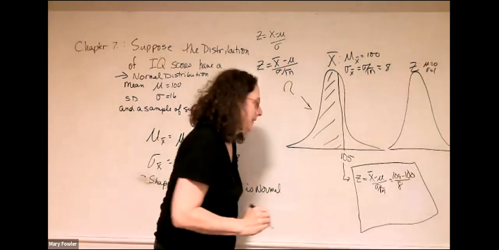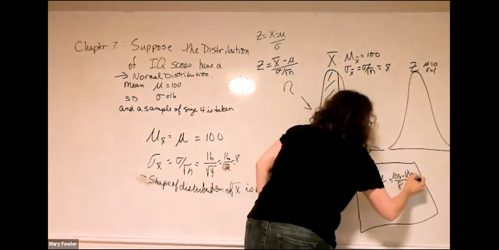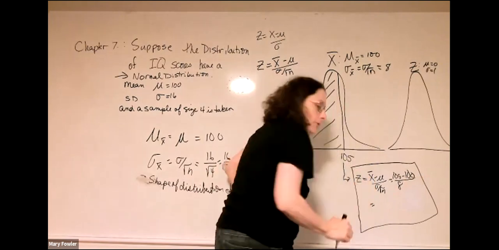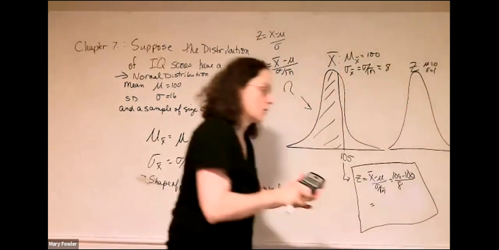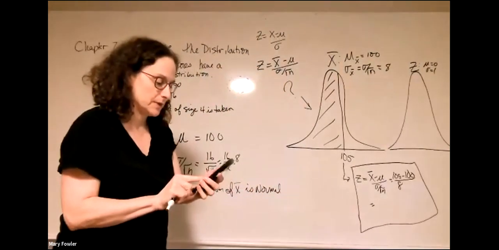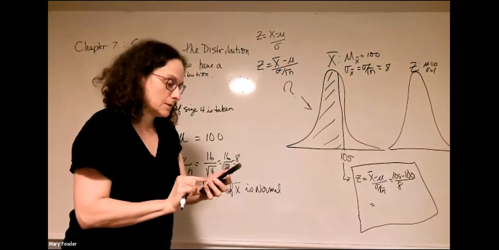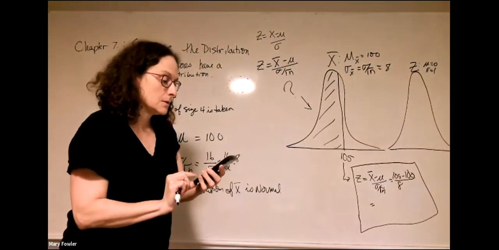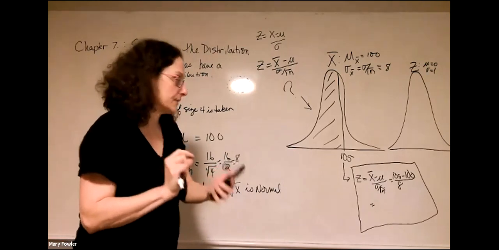So hope you can see that. All right, and we get 5 over 8, and it's a z-score, so we're going to take it to 2 decimal places: 0.63.